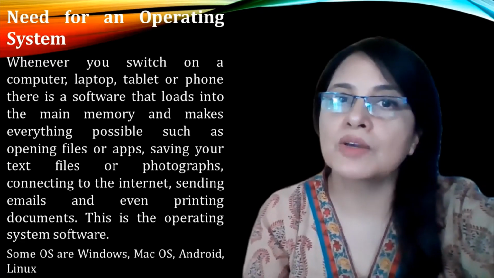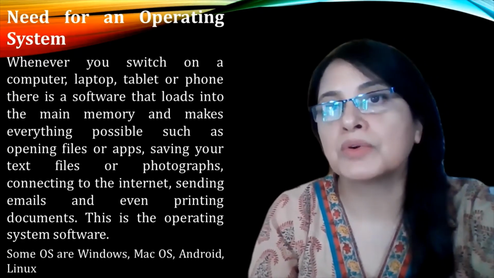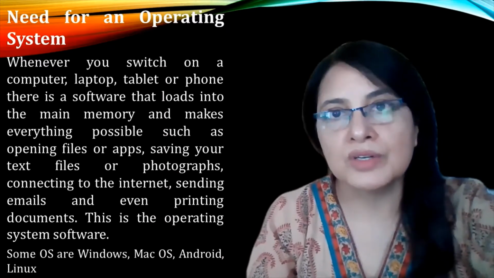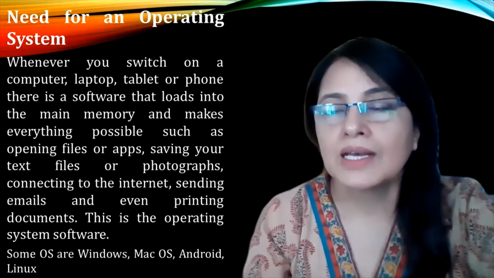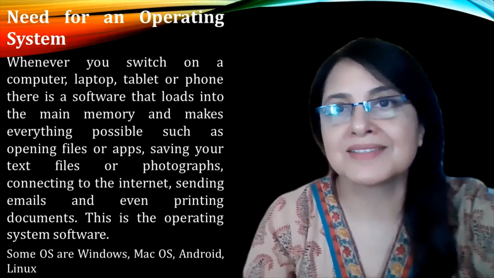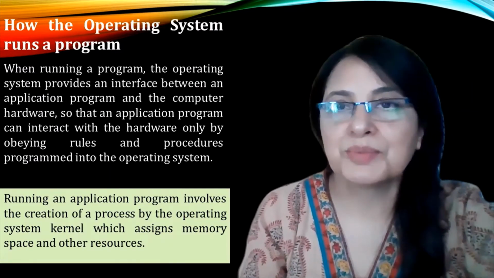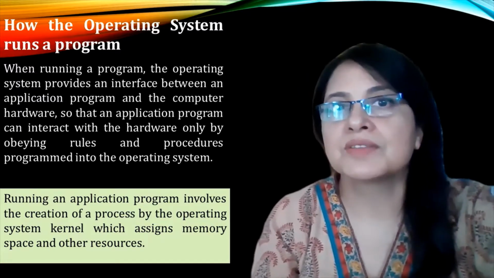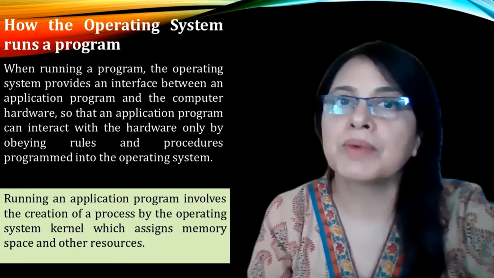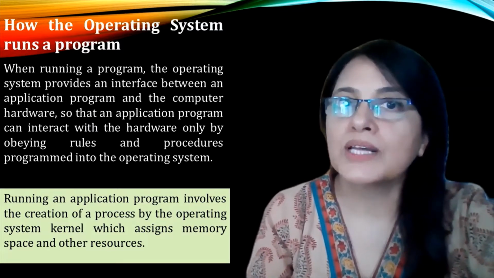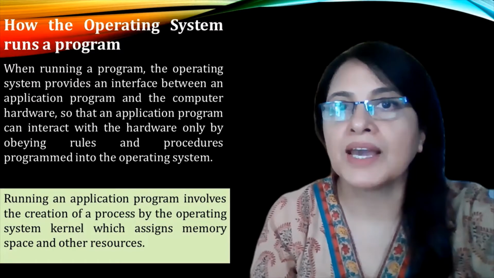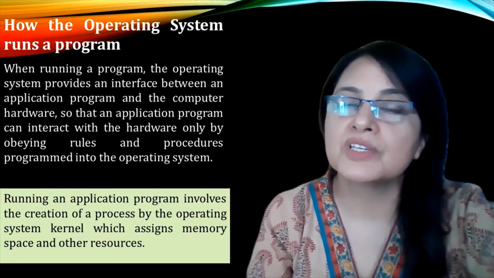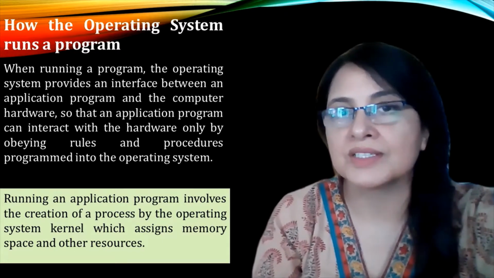So this is the operating system software, and some of the most popular operating systems are Windows, the Mac OS, Android, and Linux. So how does the operating system run a program? The operating system provides an interface between the application program and the computer hardware so that this application program can interact with the hardware only by the rules and the procedures programmed into the operating system.